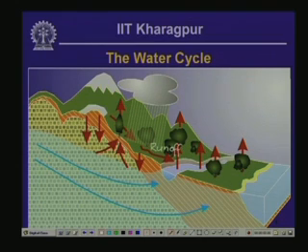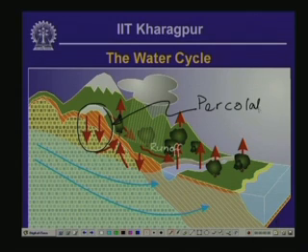So, this one here is the percolation that we just now talked about, infiltration and percolation. Then a portion of the water precipitating on the surface is going to move downslope and directly recharge some surface streams.